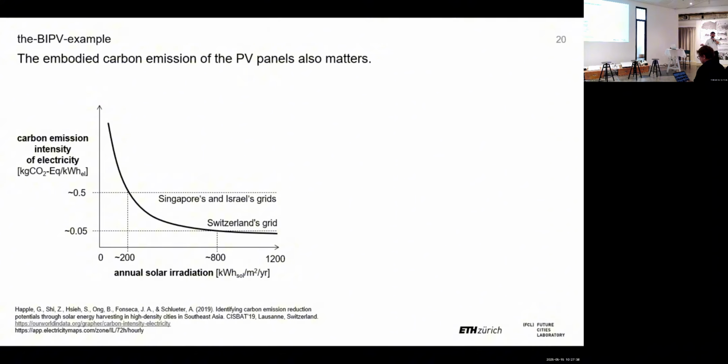But just now, like we said, based on the context, the intensity could have different indicating effects. For example, if we see this chart, I just quickly looked at Israel's national electricity grid, the carbon intensity inside, and compare that to the Singapore one, it is quite comparable. It's around 500 grams per kilowatt hour of electricity.